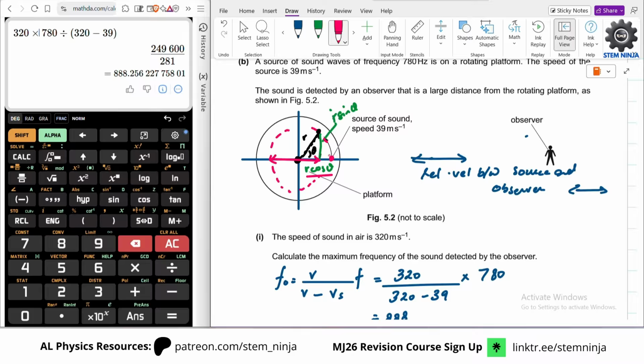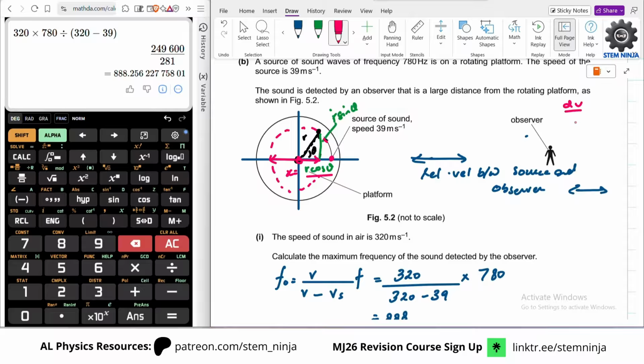We are starting our displacement over here, so it's starting with theta equal to 0. That means it's starting at maximum horizontal displacement from the center.